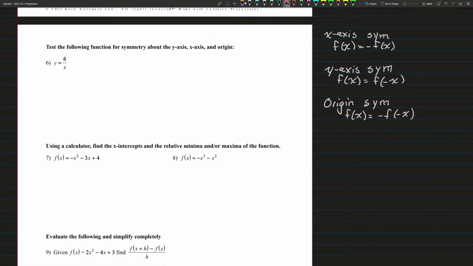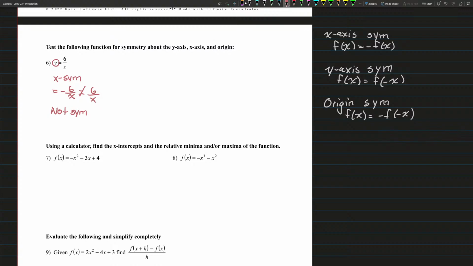All right, so for x-axis symmetry, all we're seeing is if this f of x is equal to negative 6 over x. Right, so we just plug the negative outside. This is not equal to 6 over x, therefore not x symmetric.